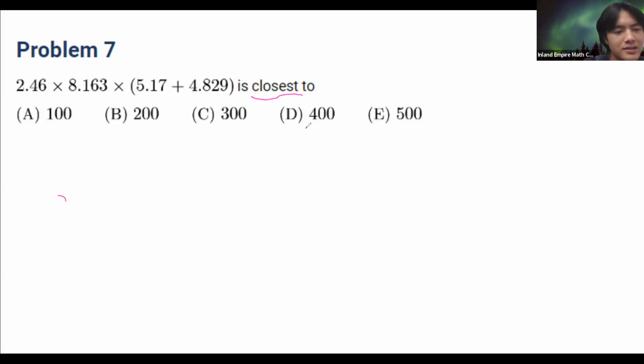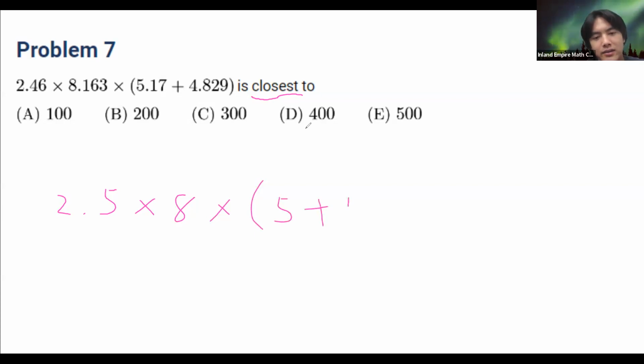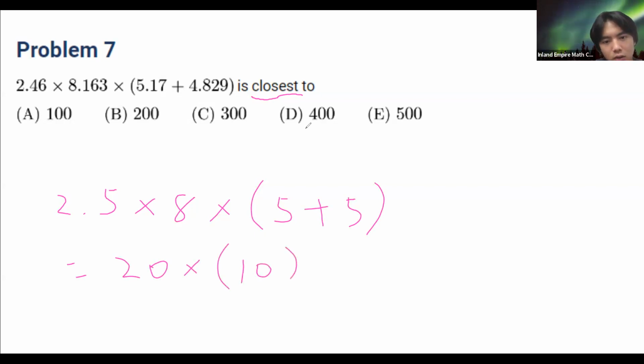So 2.46, you would round it to 2.5, and then you would round 8.163 to 8. You would round 5.7 to 5 and 4.829 to another 5. So when you do this, you have 2.5 times 8, which is 20, times 5 plus 5, which is 10, which gives you 200.